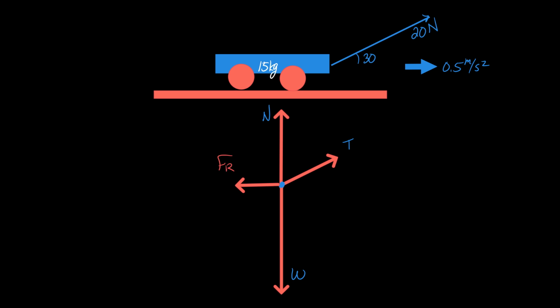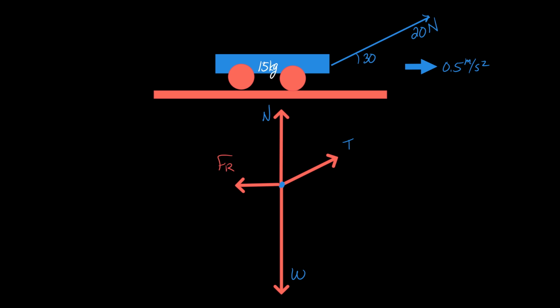I have to choose a coordinate system that best lines up with either the acceleration or the most number of forces. Well, unless the upward force was great enough to lift this thing off the ground, it's going to move along the ground. And since we were told it's accelerating, the best decision here, and these are all decisions you have to make, the problem isn't going to tell you this. If this force was great enough to lift it off the ground, then you would have to anticipate that.